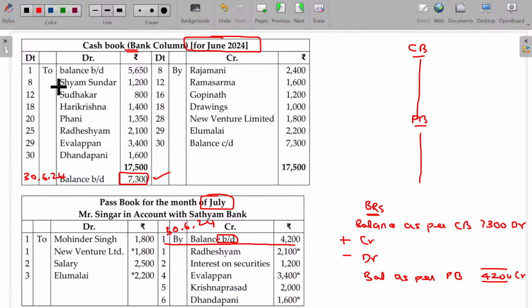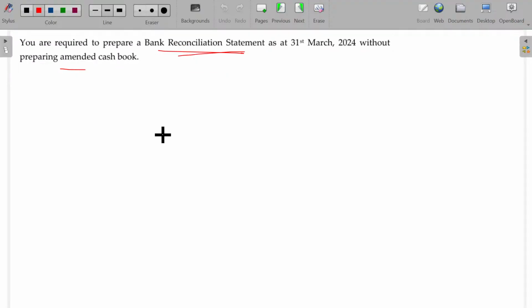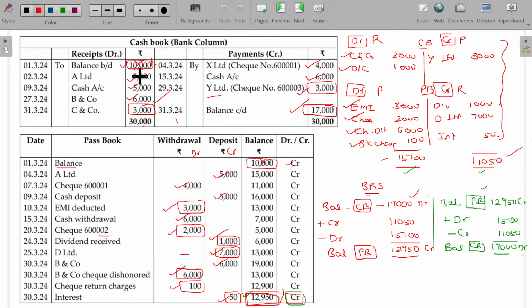Here Syam Sundar is on the debit side, not appearing on the credit side. What does it mean? This may be received in the same year itself, not a reason for the disagreement. In this earlier case, if you have the value here as well as here, what does it mean? Maybe agreeing, not a reason for the disagreement.